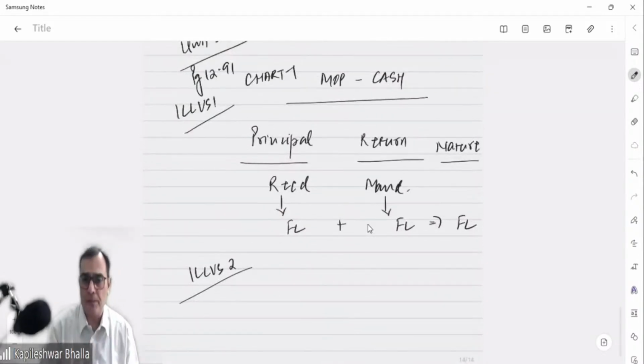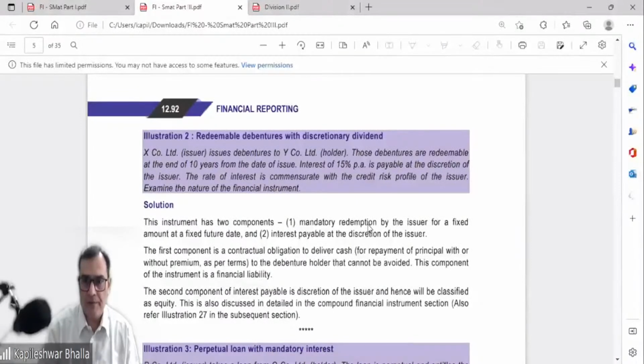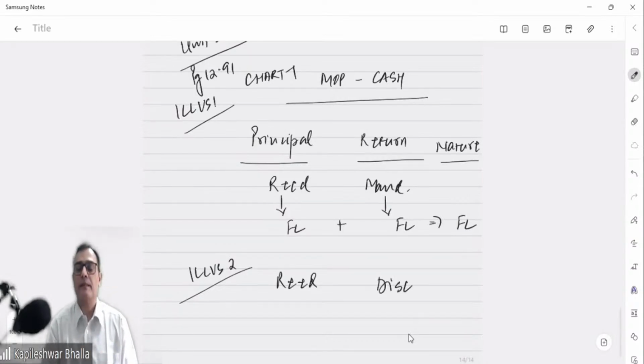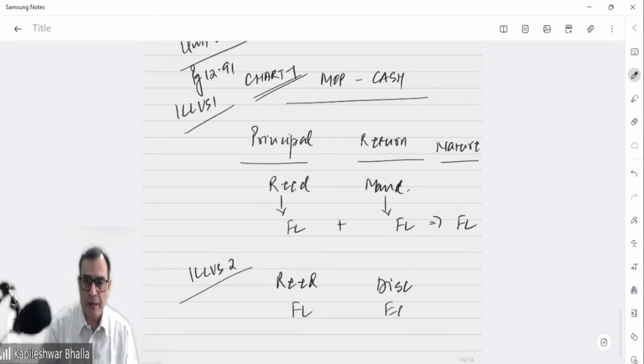The principal is redeemable in nature, and the return is discretionary. This is again based on my chart number 1, where the mode of payment is cash. So redeemable makes it a financial liability, and discretionary gives rise to an equity component in the instrument. So one component is FL, another is equity, which makes it a compound financial instrument. Wow.